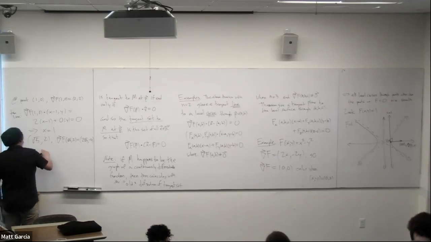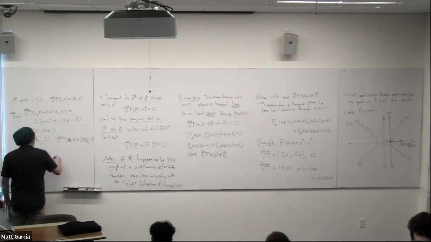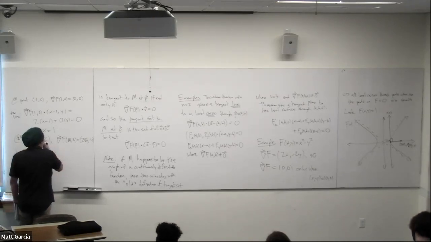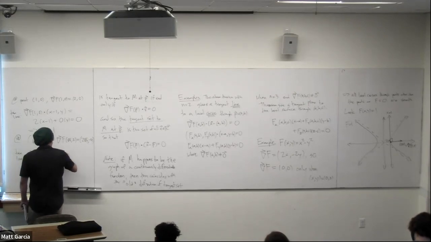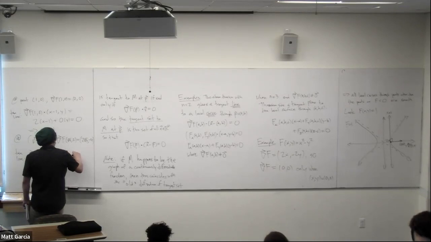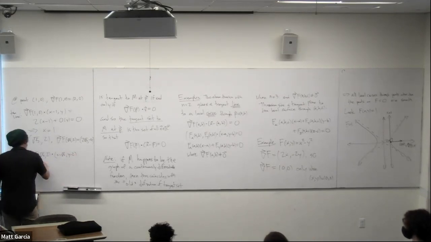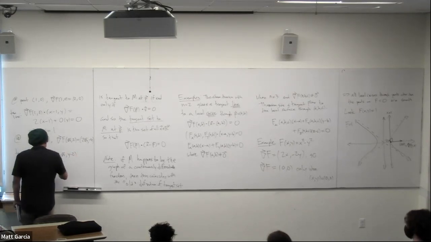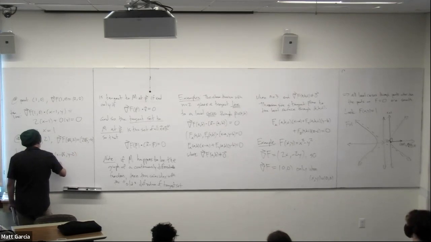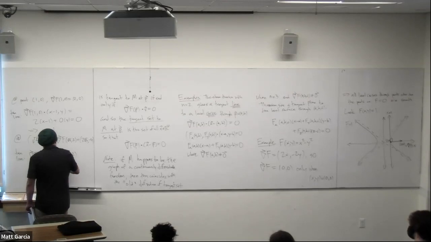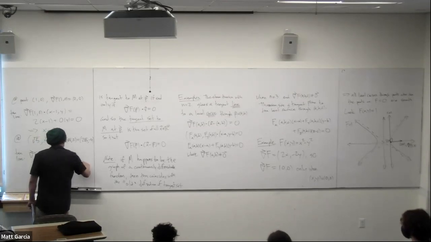Gradient of f evaluated at (root 5, 2) dotted with (x minus root 5, y minus 2), which is just equal to 2 root 5 times (x minus root 5) plus 2 times (y minus 2), equals 0.